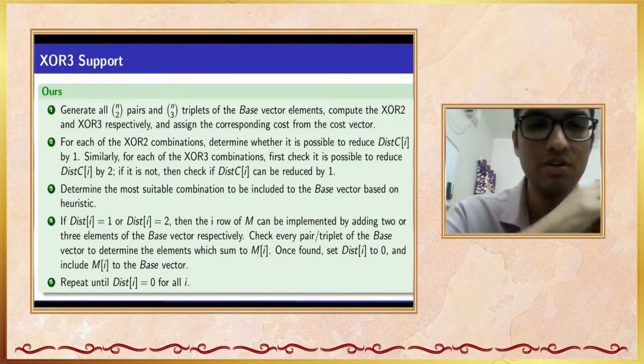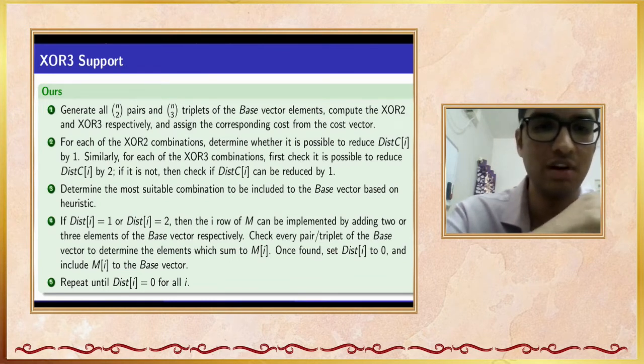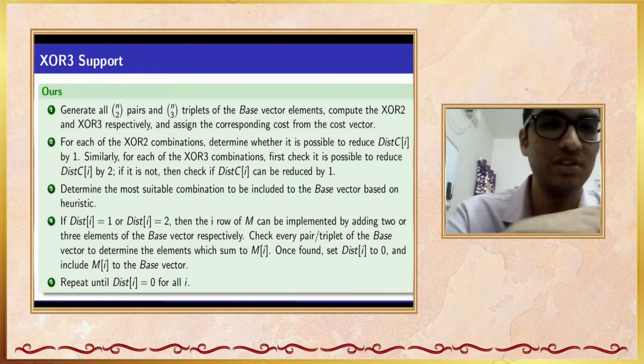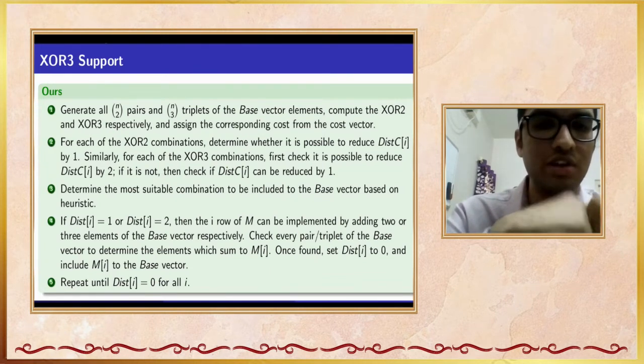And if it's equal to 2, then the row can be implemented using one XOR3 operation involving 3 elements from the base vector. Similar to before, this is repeated iteratively until all elements of the distance vector are 0. So this approach is different from the post-processing approach proposed in IWSec, because now we account for the relative cost of XOR3 by incorporating it into the heuristic.